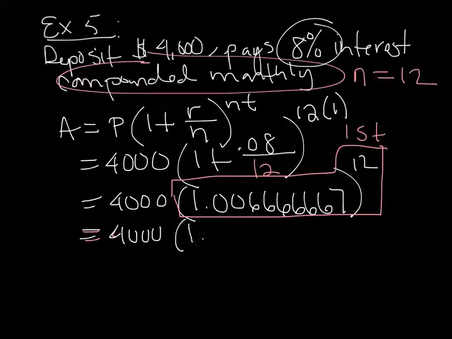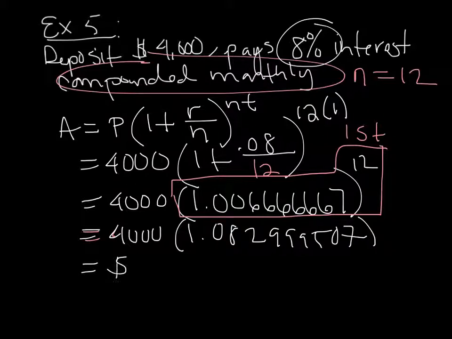I get 1.082999507. I'm writing it down so I can show you what I'm getting on my calculator. Then I hit times 4,000, and I end up with 4,331.998027.